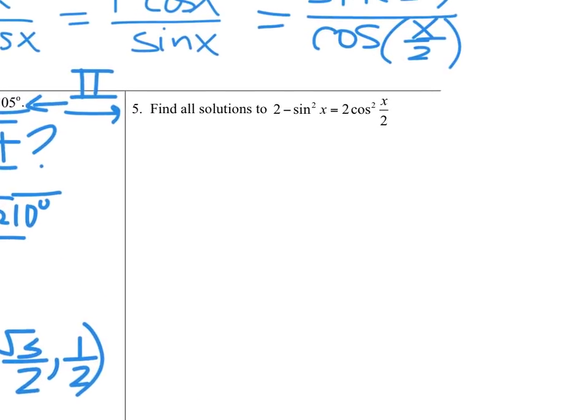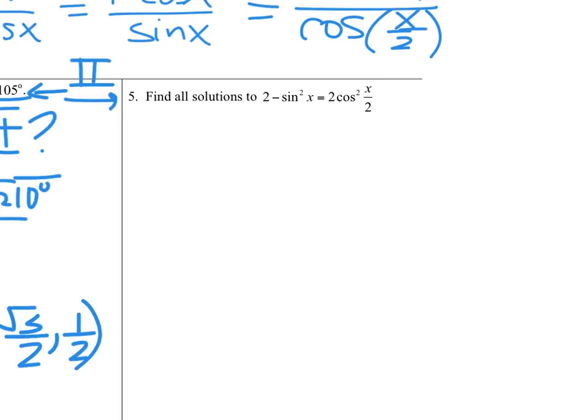Number 5, find all the solutions. So we're on 0 to 2 pi again. Whew, this one's a good one. All right, so here we go. We have 2 minus sine squared x equals, and take a look at what this is.